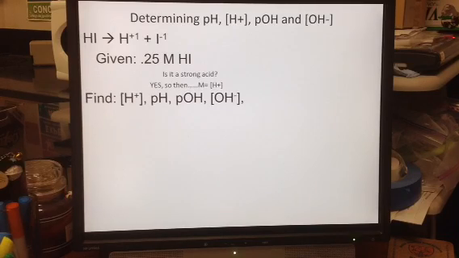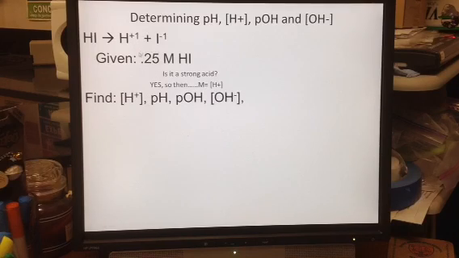That means that your hydrogen ion concentration, your H plus in the little brackets, is equal to the molarity. So my H plus is automatically equal to this 0.25.